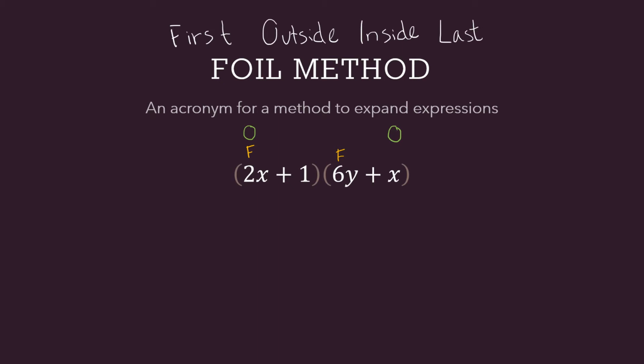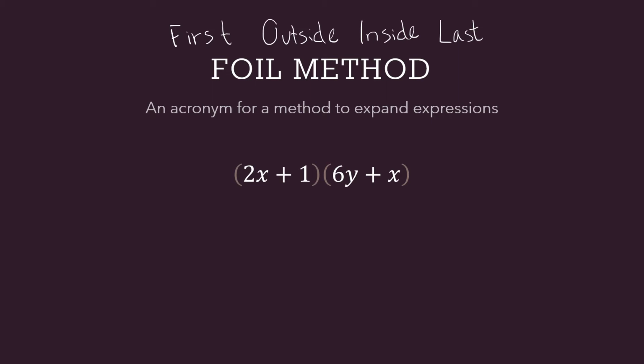And then the inside terms would be the 1 times the 6y. And then the last terms, I would multiply the 1 and the x. Sorry, this looks a little funky right now, but when I show you how to do it, it'll be a lot easier to see. So let's go ahead and do that now.